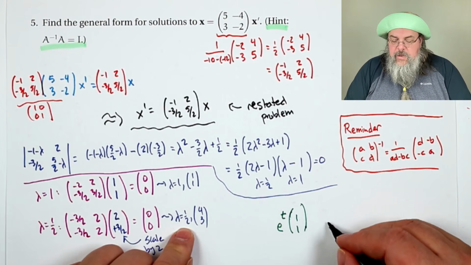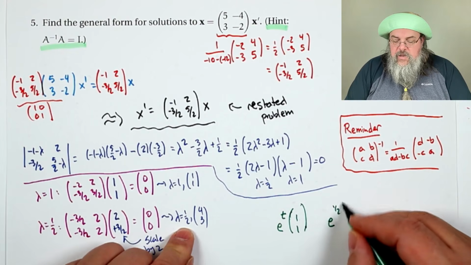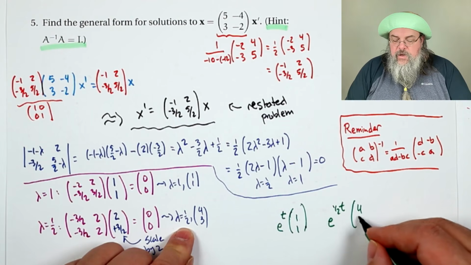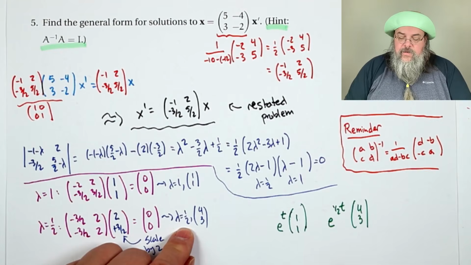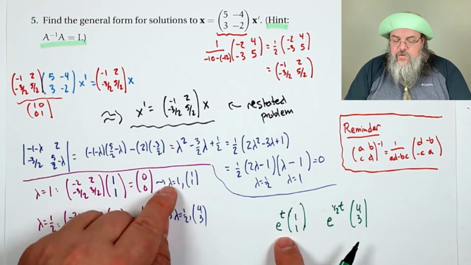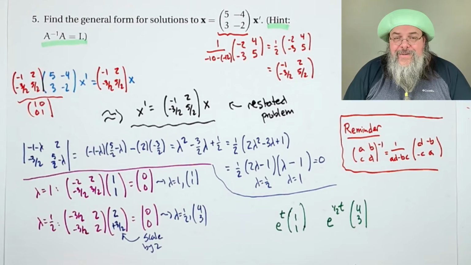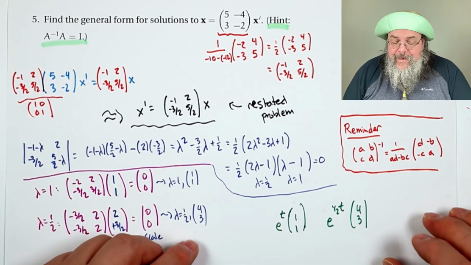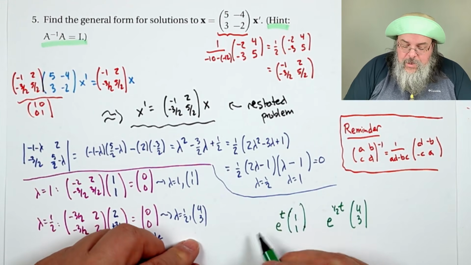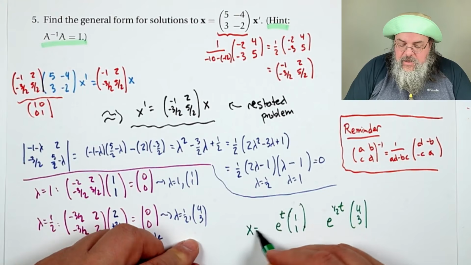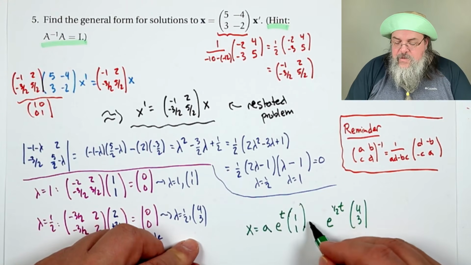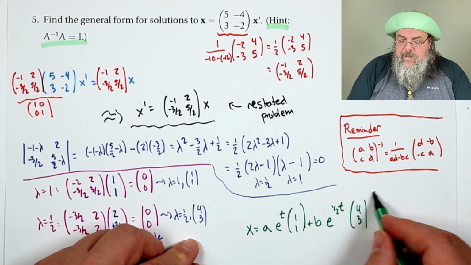For the value of half, we get e to the 1/2 t, 4, 3. So these are the two solutions coming from our eigenvalue-eigenvector pairs. And finally, to get to general form, we superpose. So some multiple of the first plus some multiple of the second.